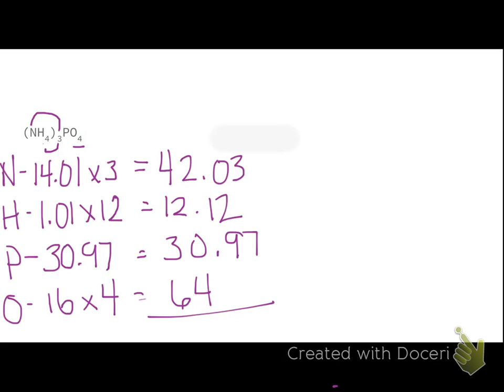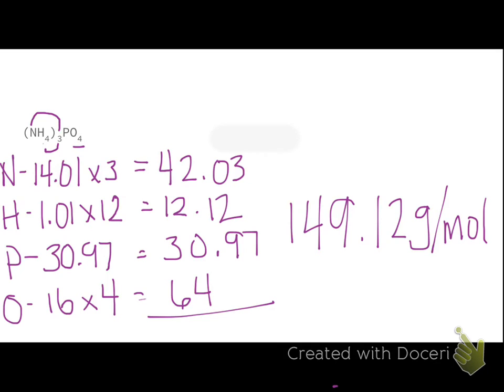Double check my math here. 149.12 grams per mole. That is your molar mass of ammonium phosphate.